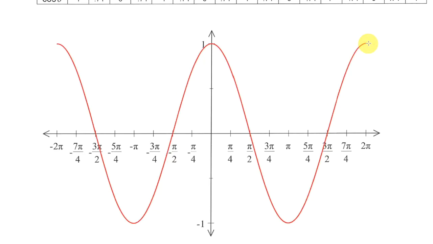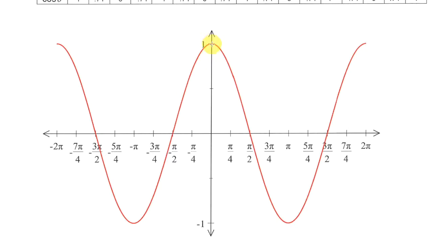After that, it begins to repeat itself. So we can see a period again of 2 pi. That's how long it takes to do one full cycle of the graph. You can see that the median is on the theta axis, so our median here is 0.